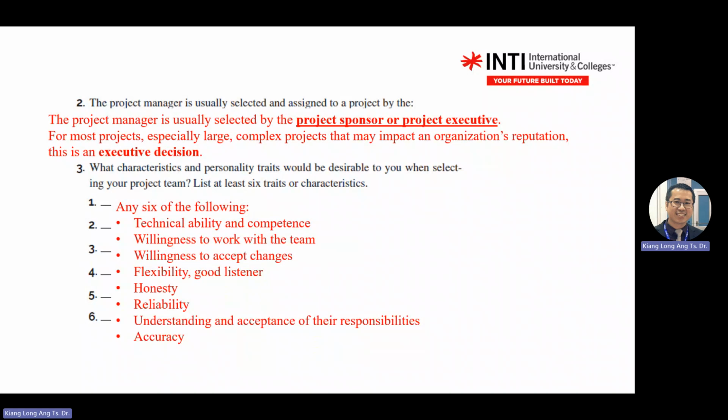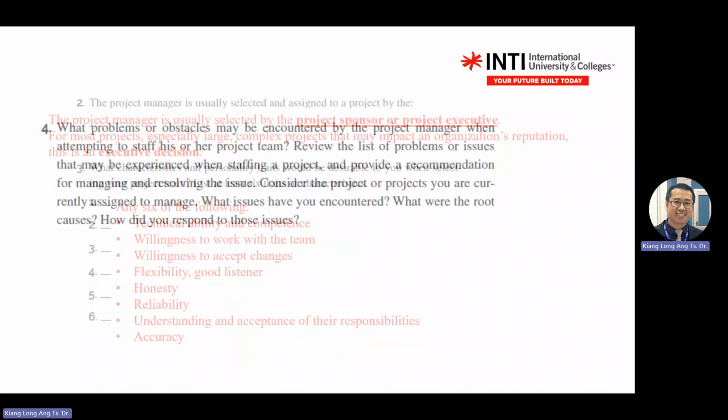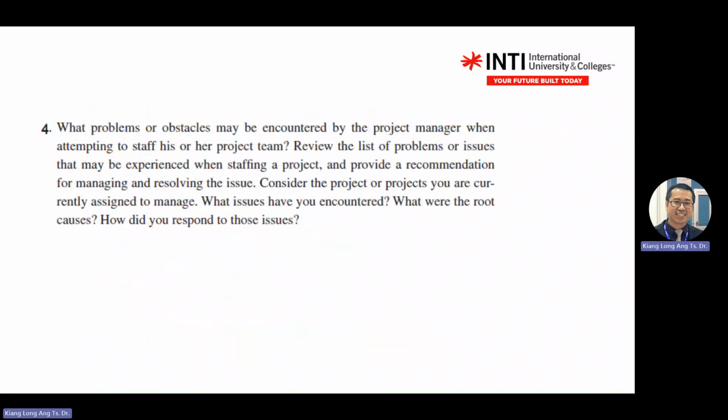Number 4, what problems or obstacles may be encountered by the PM when attempting to staff his team? Review a list of problems or issues that may be experienced when staffing a project, provide recommendations.